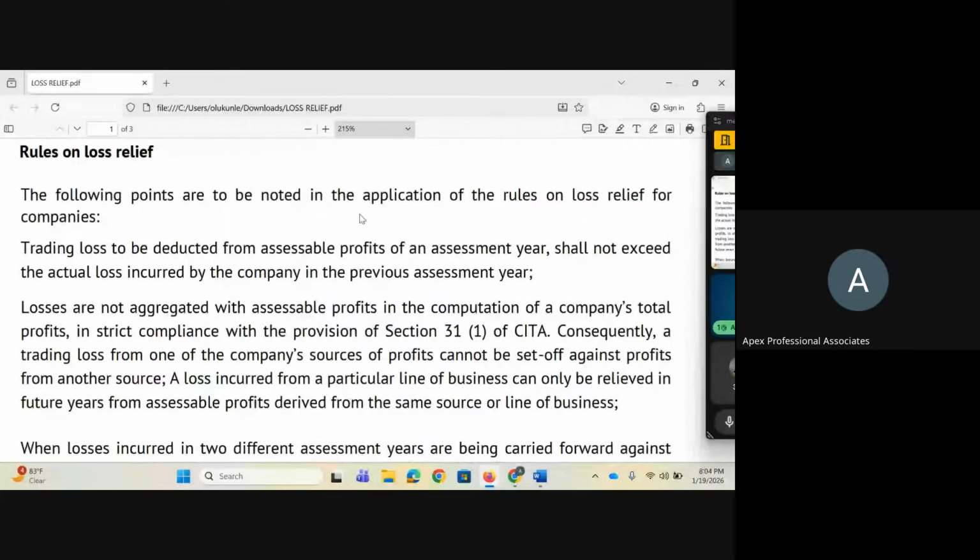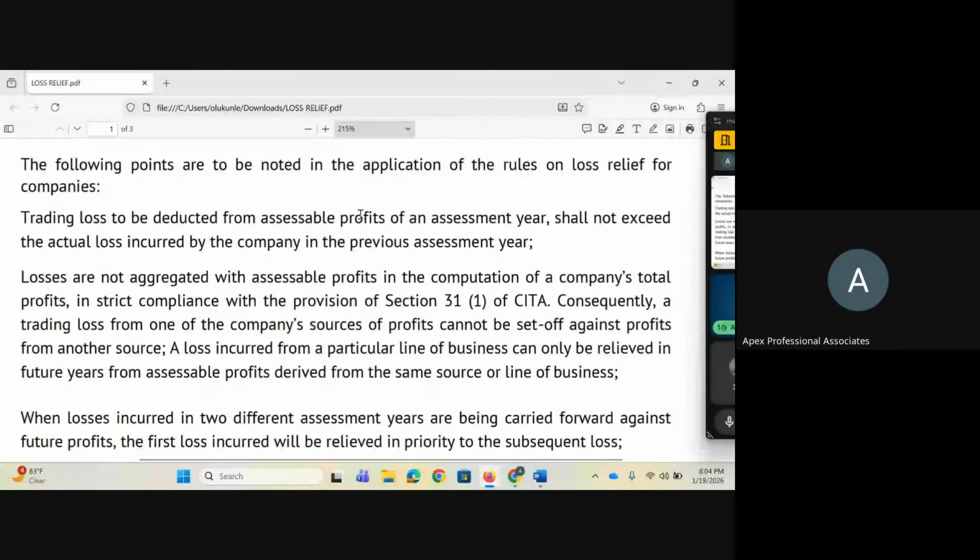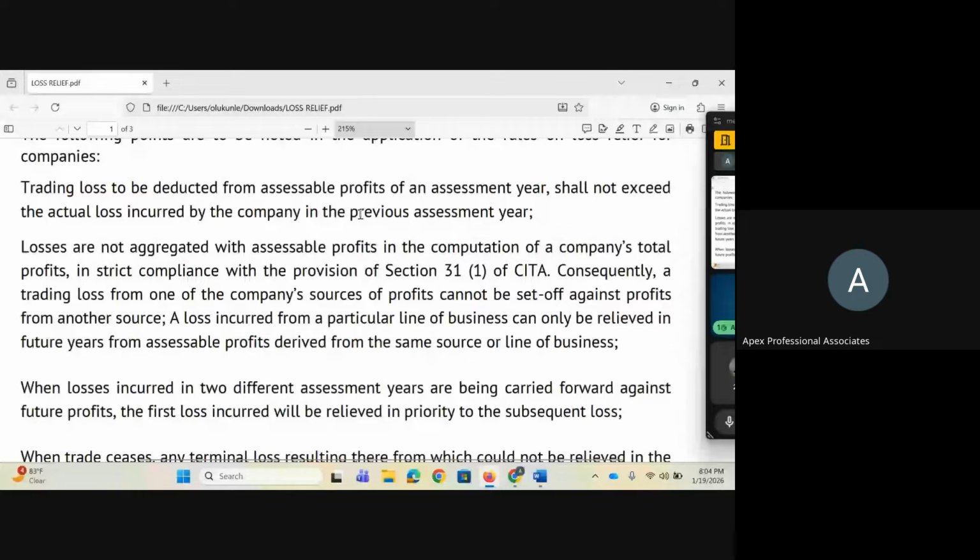The second rule is that loss is taken into consideration before capital allowance. The next one is that when you are computing, you don't aggregate assessable profit, meaning you don't deduct Dangote Sugar's loss from Dangote Cement's profit. Each business is seen as independent, and you have to treat it as that.